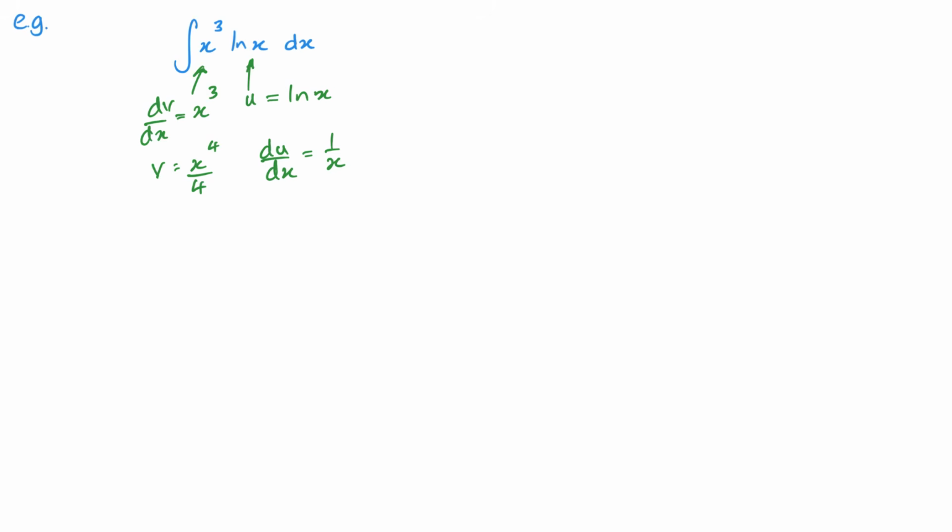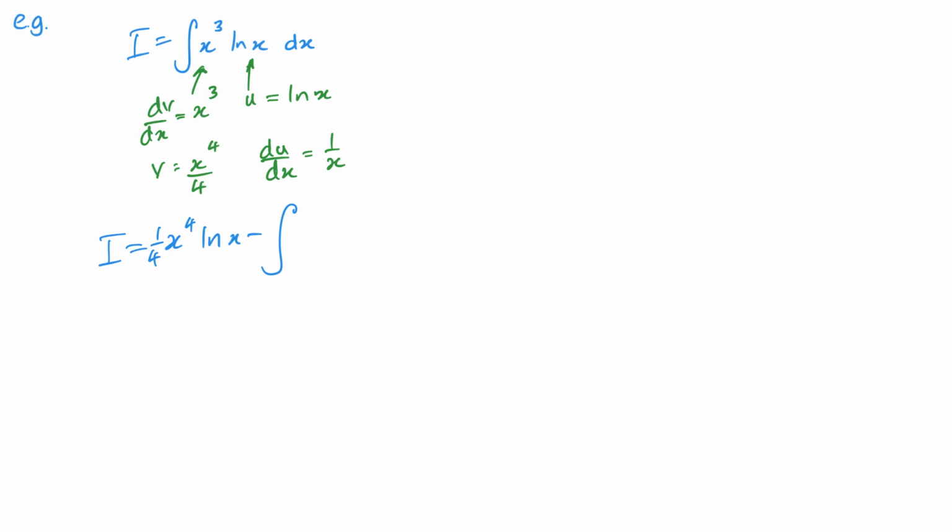So let's go ahead now and write our I equals, so that then we can carry on underneath nicely. So u times v, that gives me x to the power 4, I'm going to write it as a quarter, ln x, minus, and then we've got v multiplied by du by dx.